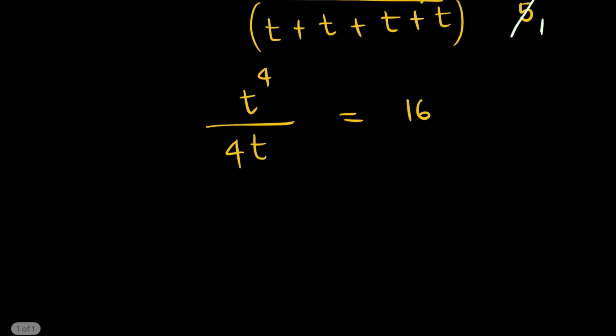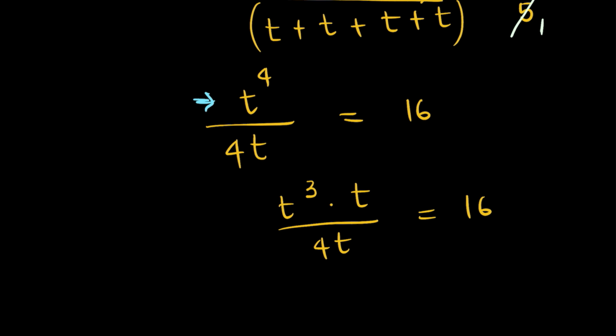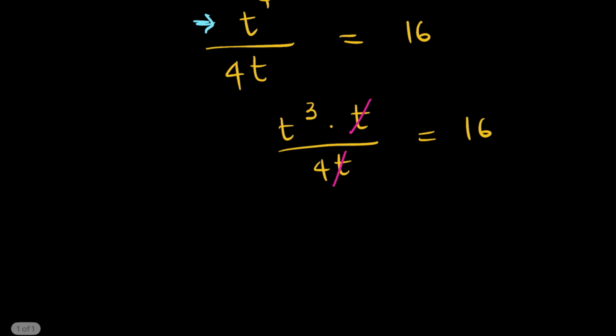t raised to power 4 here is the same thing as saying t raised to power 3 times t, then divided by 4t is equal to 16. So that we can divide this t and this t to give us t raised to power 3 divided by 4 is equal to 16.